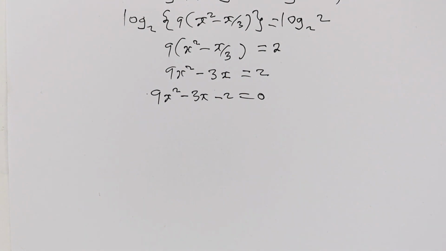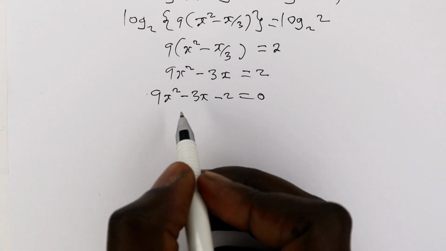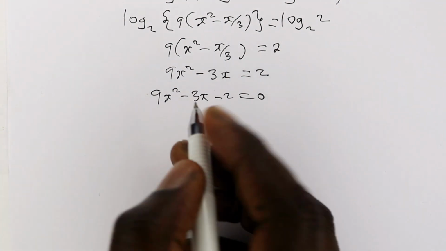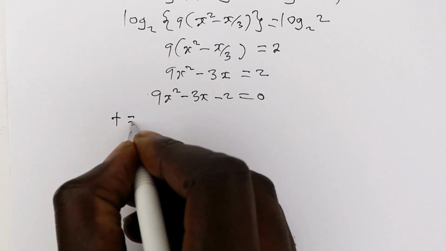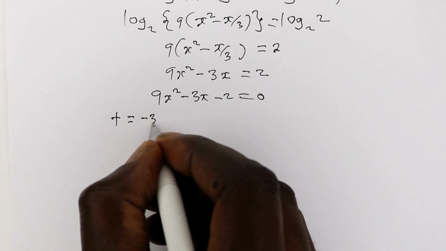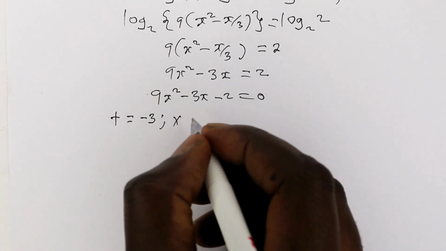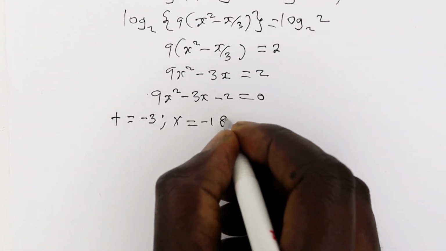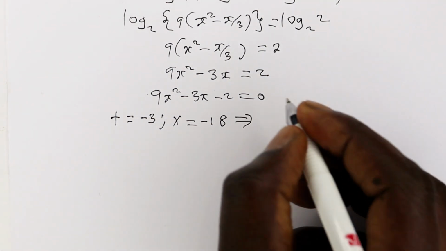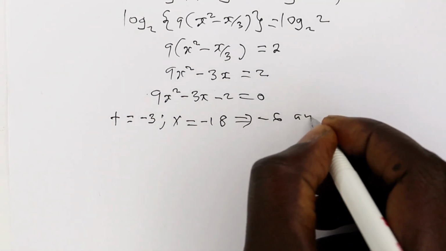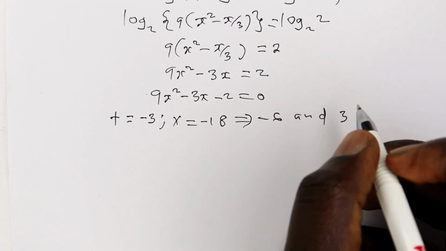So let us use the factorization method. For factorization, you're going to look for two numbers whose sum is the same as b, and b in this case is negative 3, and their product is the same as 9 times negative 2, that is negative 18. You'll find that those two numbers are negative 6 and positive 3.